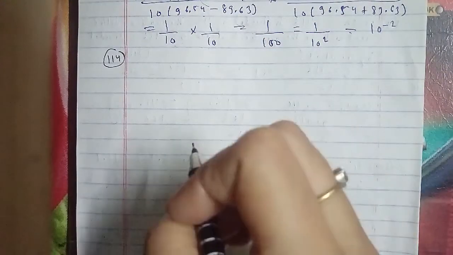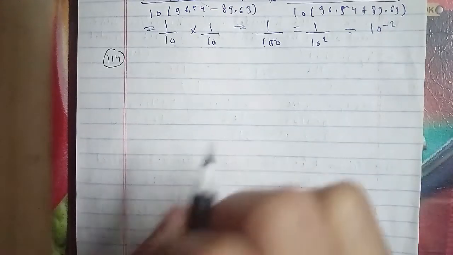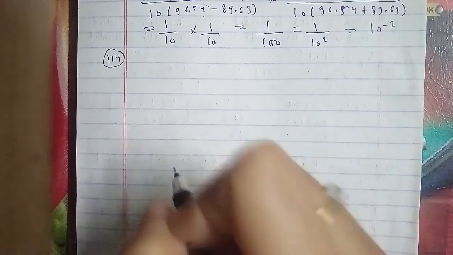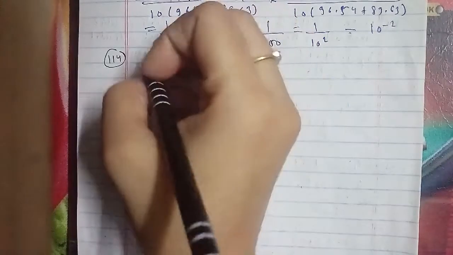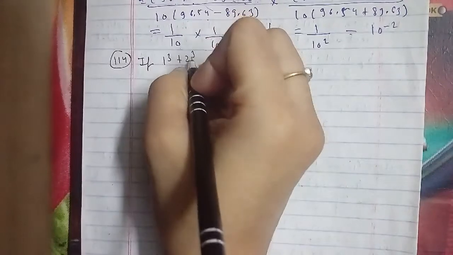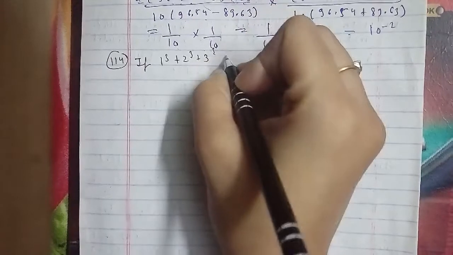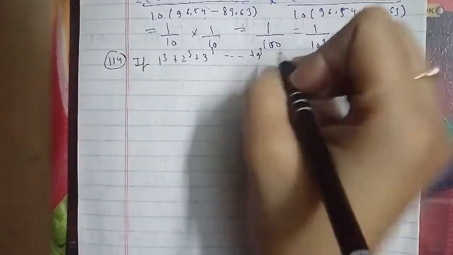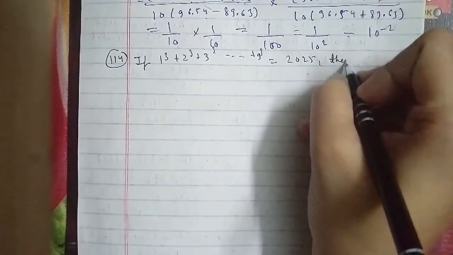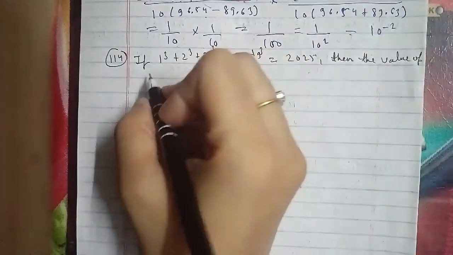If 1 cube plus 2 cube plus 3 cube, going ahead up to 9 cube, is equal to 2025, then the value of 0.11 cube plus 0.22 cube till 0.99 cube is close to what? This was asked in the SSC examination paper, and that is also an important one.